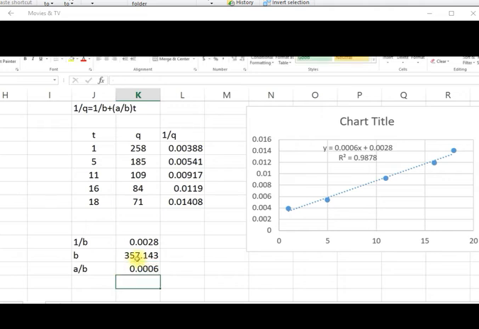So now b we already know, then a will be: a over b is 0.006, so a will be b times this.